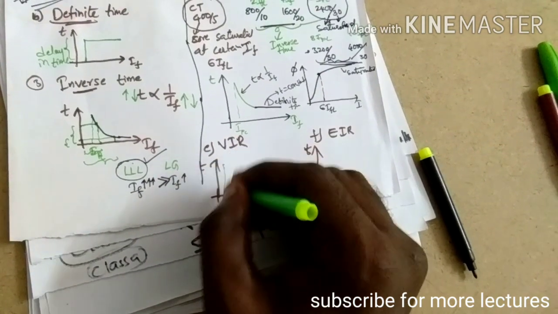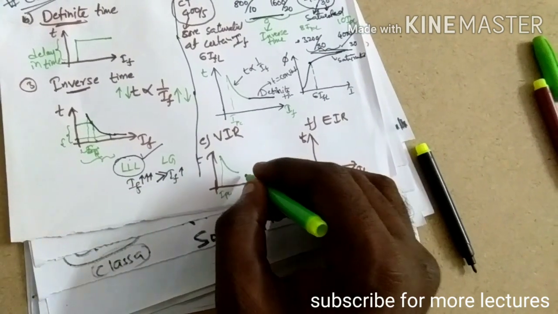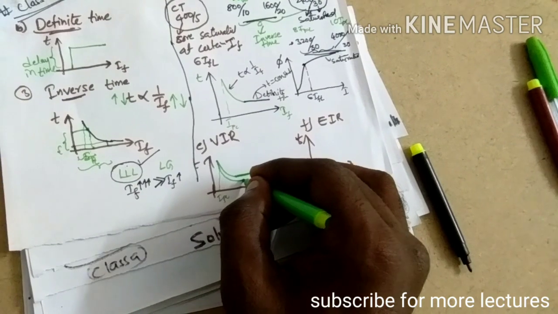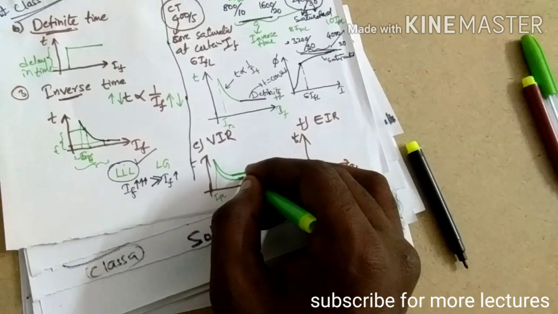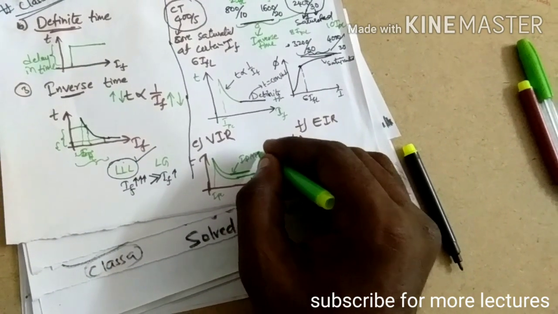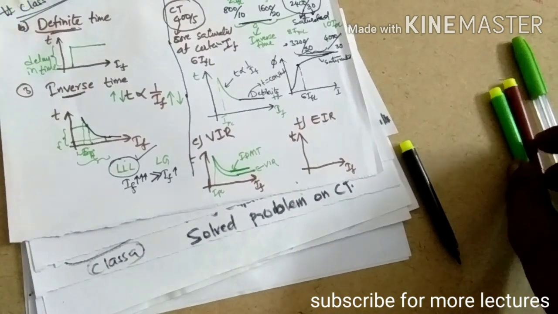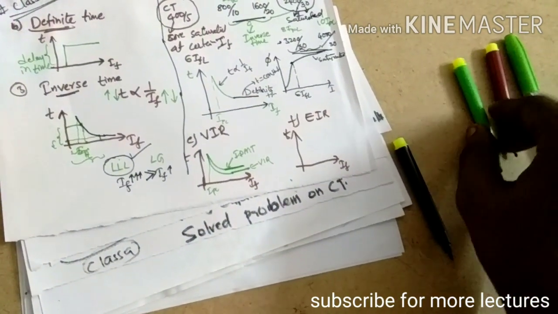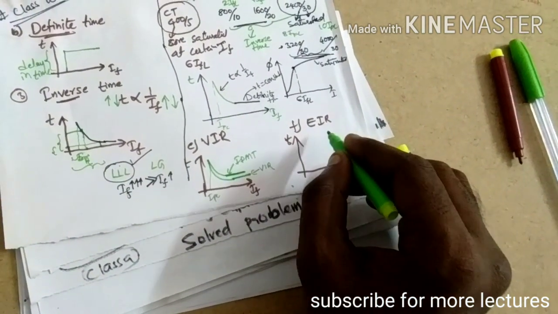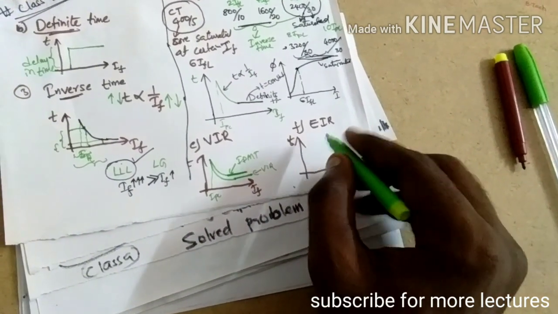So this is the pickup current. This is the IDMT characteristics, and it saturates somewhere here, as usual. So this is IDMT. This is the very inverse time relay. Now if you come to the extreme inverse time relay, it will saturate at even further stages.